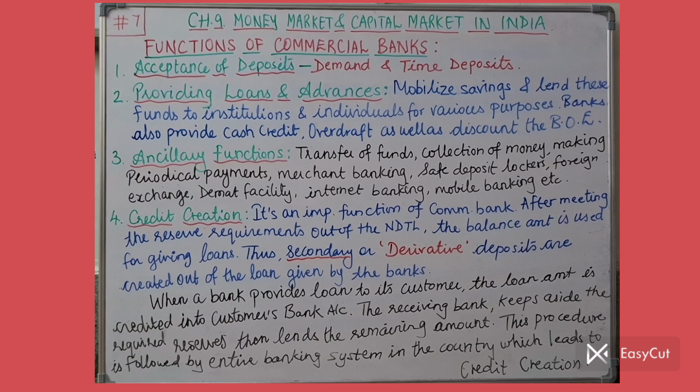And this procedure will be followed by the entire banking system in the country. It will continue. This is what is called secondary or derivative deposits. They are also creating loans. And this is how credit creation continues in the entire banking system, in the entire economy.